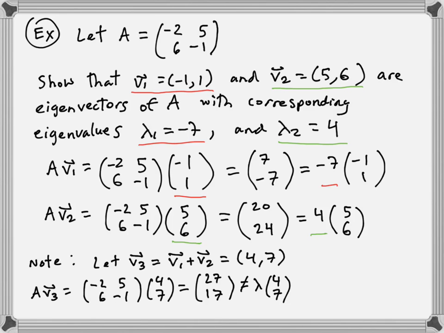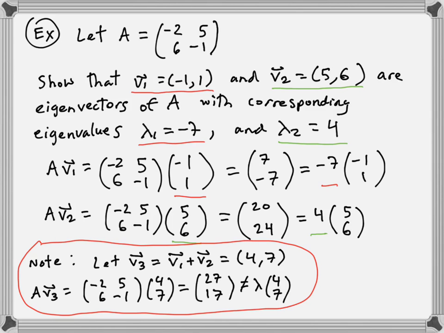Okay? So why did I show you guys this? This wasn't part of the problem. What did we conclude from this demonstration? We just concluded that the sum of two eigenvectors is not necessarily an eigenvector. So let's write this down. This is extremely important.